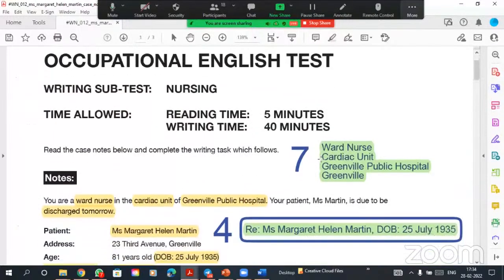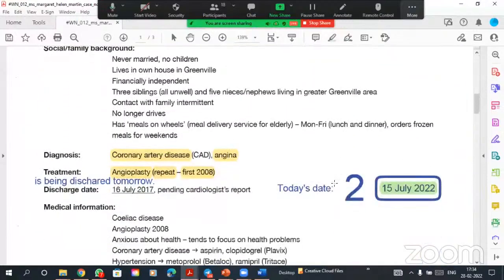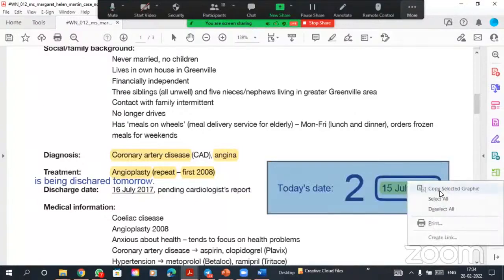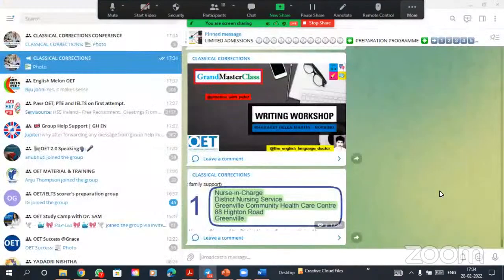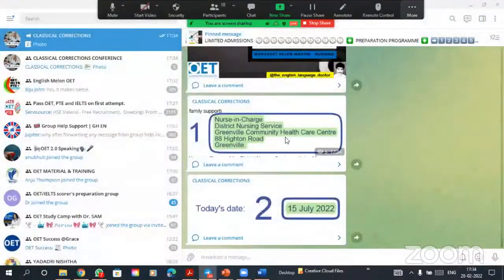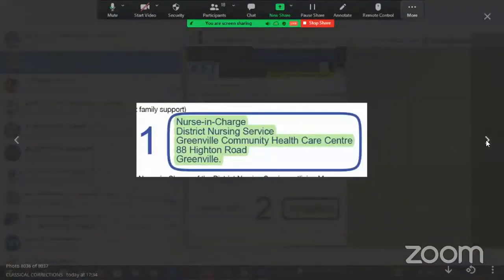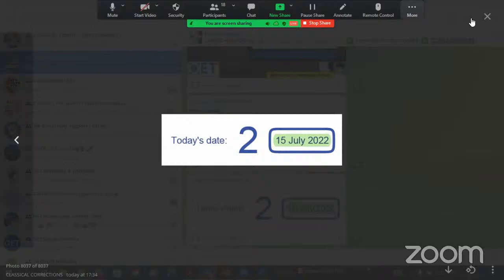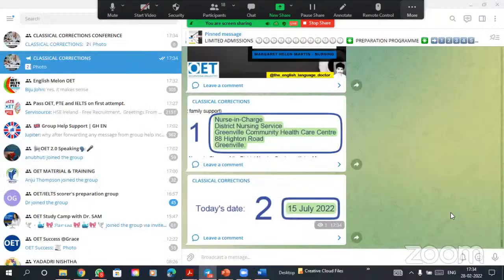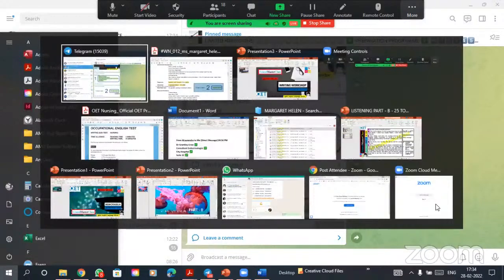Then you will get the component number 2. That is the date. So you can go there, click here like this, and you'll get everything like that.